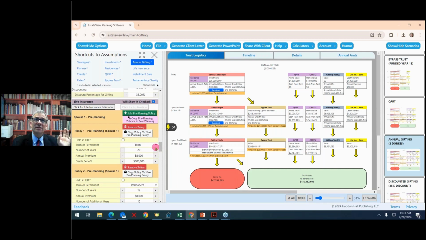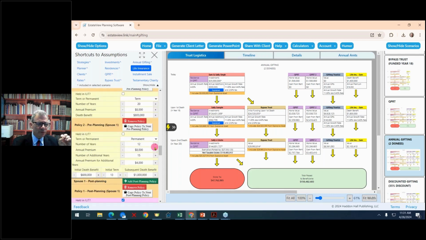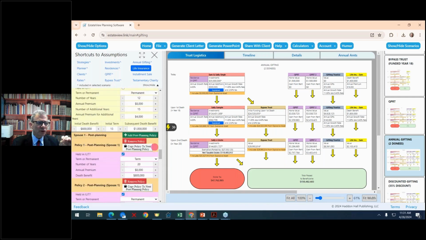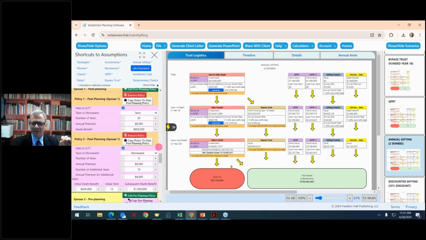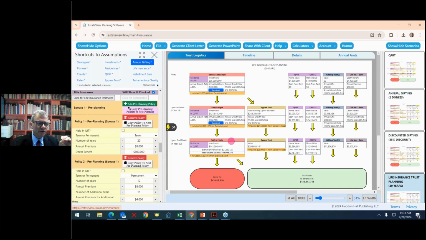I can have each of them with one or more life insurance policies, term or permanent, showing the premium amounts, the cash value, the death benefit, and rerun that, showing the premium amounts for a term of years and the death benefit at 2 different stages, with and without life insurance, so that you can show them the benefit of putting in an irrevocable life insurance trust.